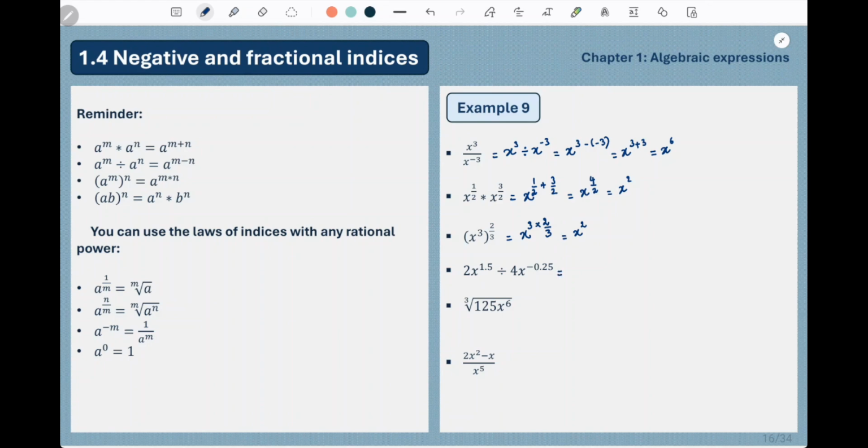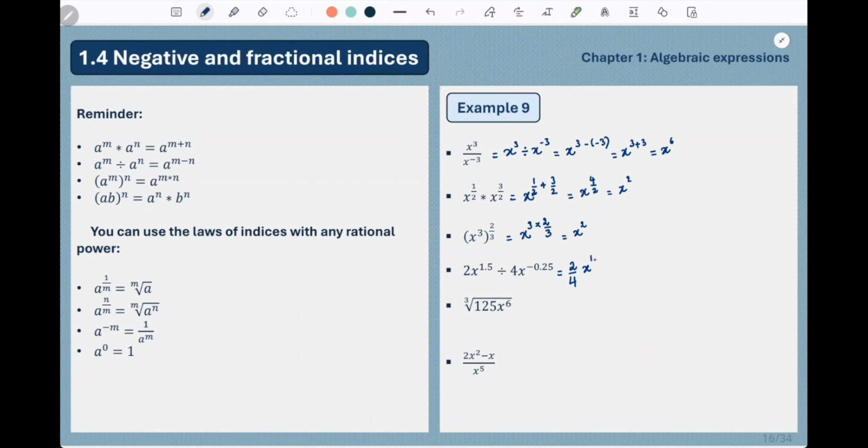Okay, so another one over here, which is 2x to the power 1.5 over 4x to the power minus 0.25. So I'll focus on the numbers first. 2 over 4 is 1 over 2. I'll write it here first, so you can see where that 1 over 2 comes from. And then for the x, it is 1.5 minus minus 0.25. Why? Because here we've got a division, okay?